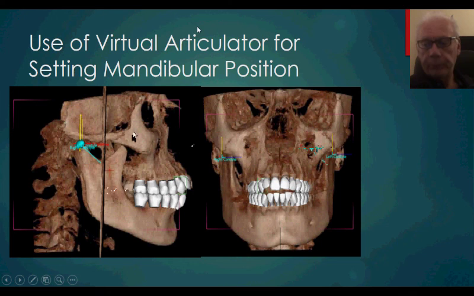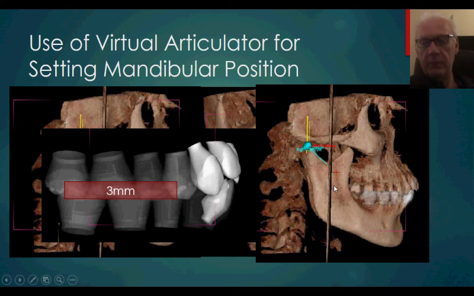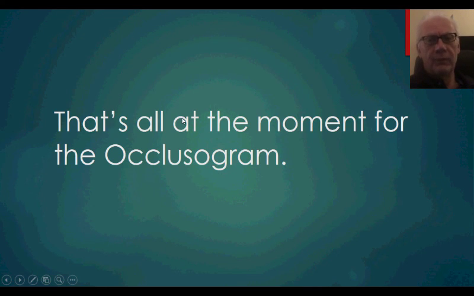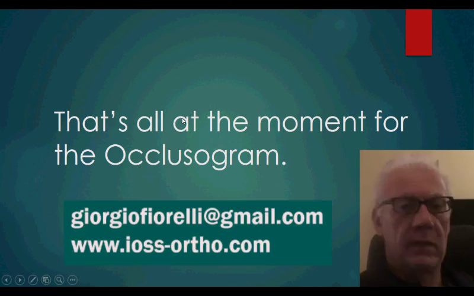And with repositioning of the mandible, we create new models, and these new models can then be used for the occlusogram. And then from these new models, you can again make a new occlusogram and maybe a setup which is based on this occlusogram.